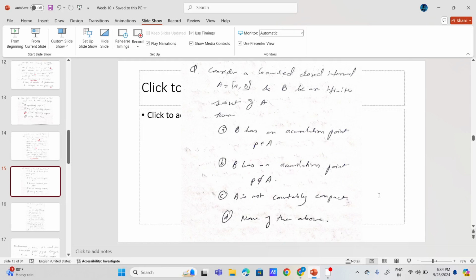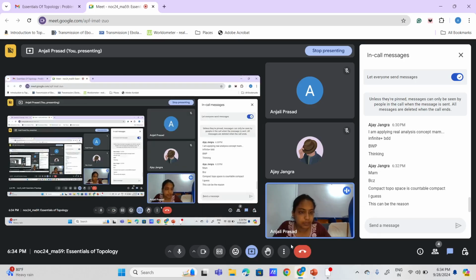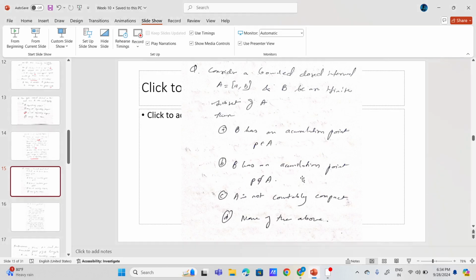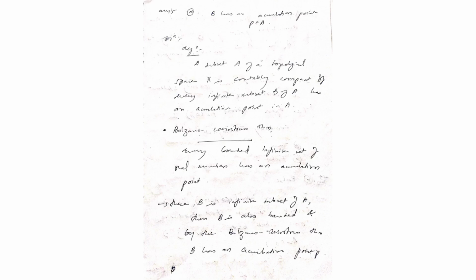Okay, so you are saying that the reason may be that a compact topological space is countably compact. Okay, this will work also. So the correct answer is A, that is, B has an accumulation point P belonging to A.